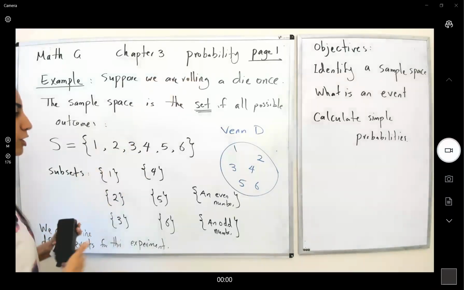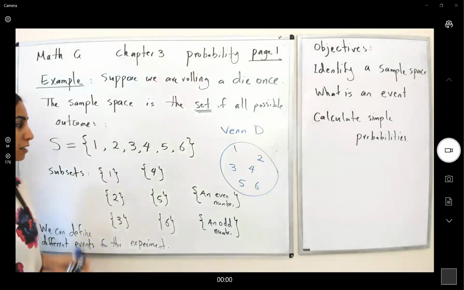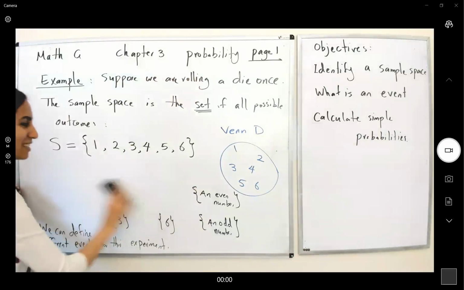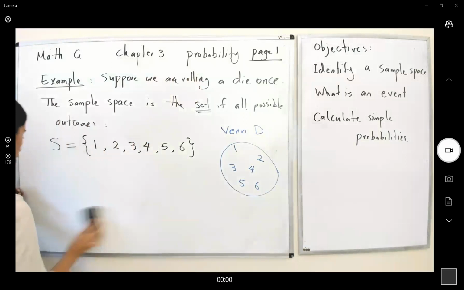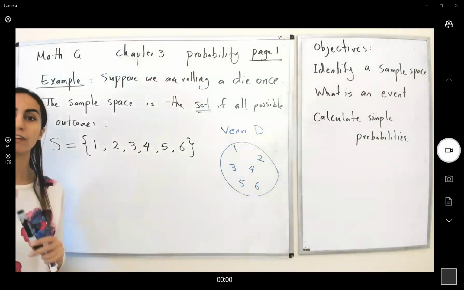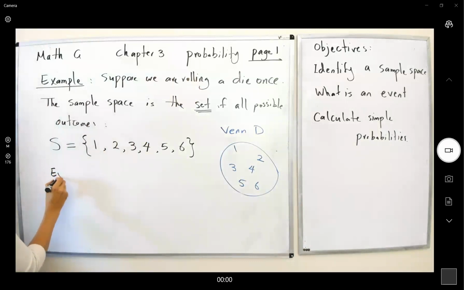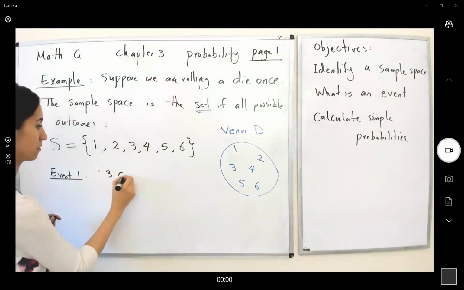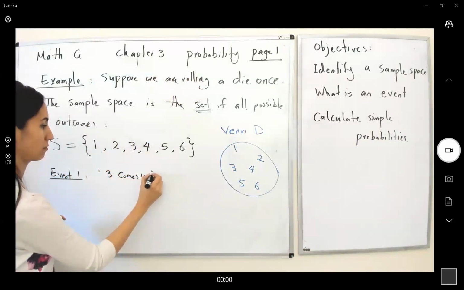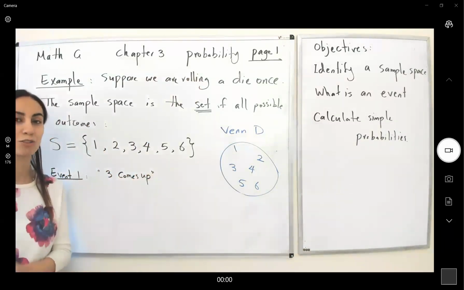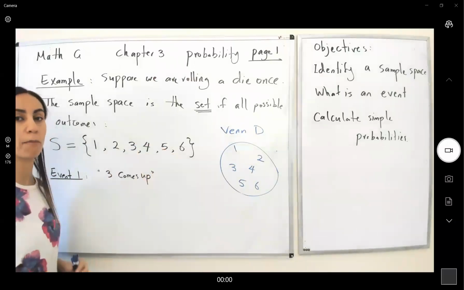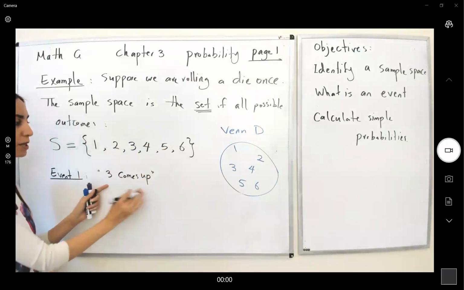So on page 1, we have some events. Let us talk about those. So these are all possible events, but in this example, in our page 1, we have the following events. The first event, event 1, is 3 comes up. So how do we use mathematical notation, the symbols that we learned, to actually translate this into mathematical terms? 3 comes up.